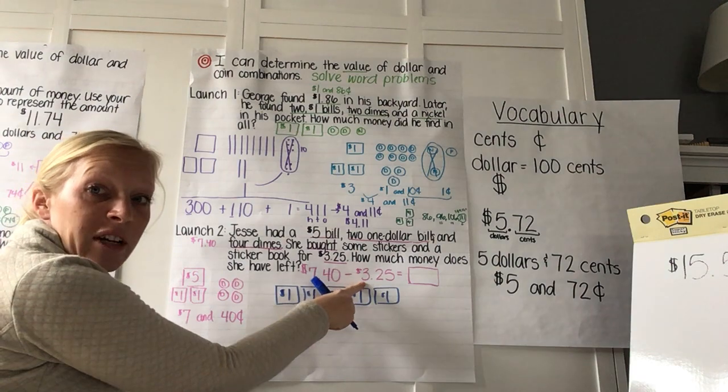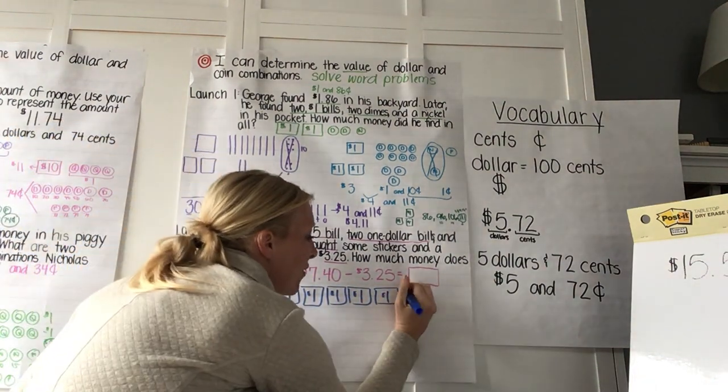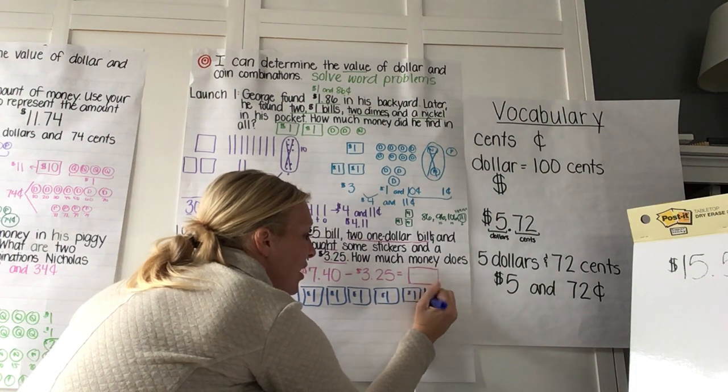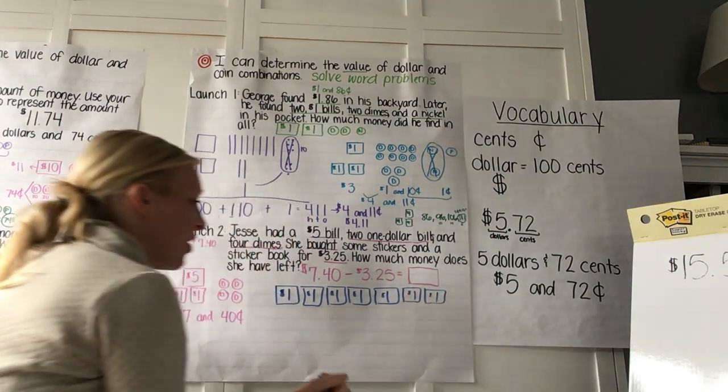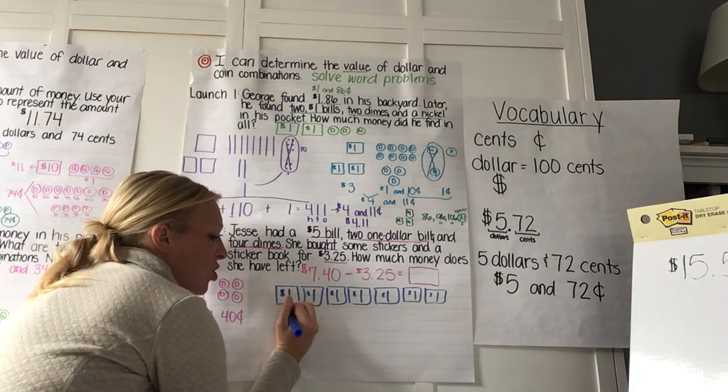Because you were taking away $3 and you couldn't take away those two. Okay, 2, 4, 5, 6, 7. Okay, and when you did your coins, what did you show?